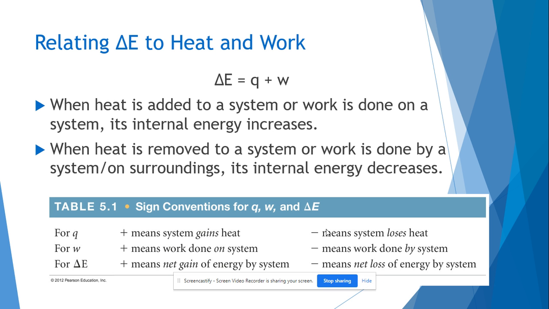With that being said, Q and W can have positive or negative values depending on what is being done. A Q can have a positive value whenever the system gains heat, or if heat goes into the system. It gets a negative value if the system loses heat.